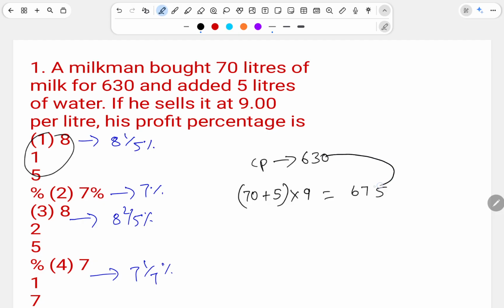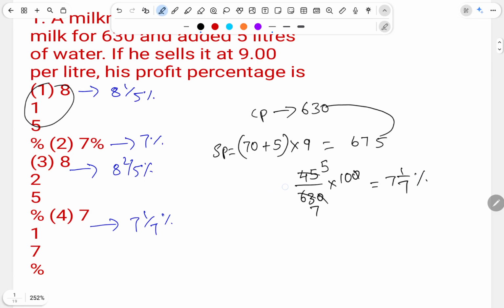So overall he is getting 45 rupees profit. Profit by CP is 45 by 630 into 100. The 0 got cancelled, 9 7s are 63, 9 5s are 45, so 50 by 7, which is 7 1 by 7 percentage, fourth option.